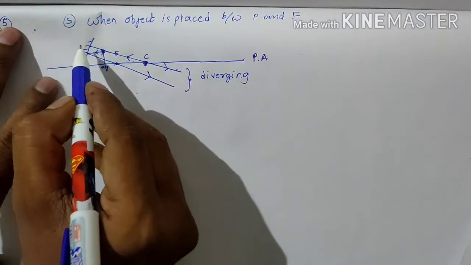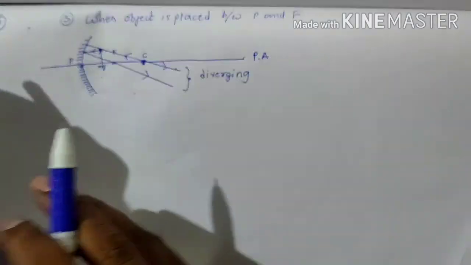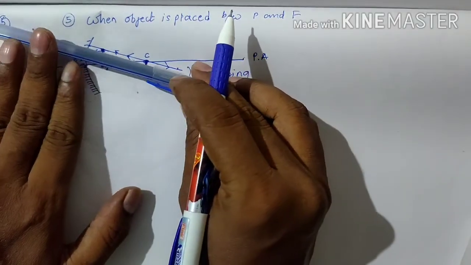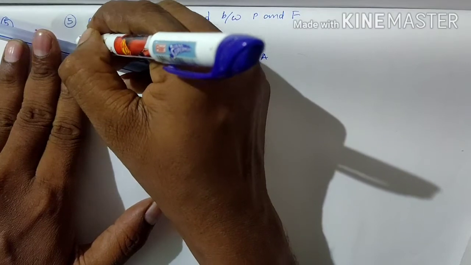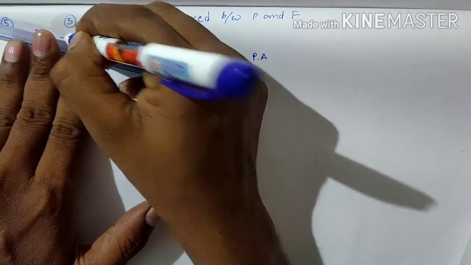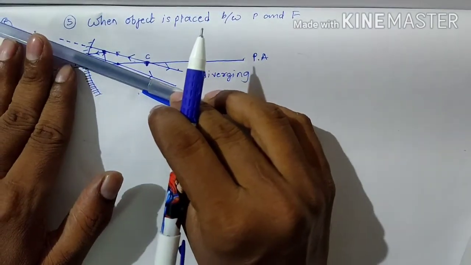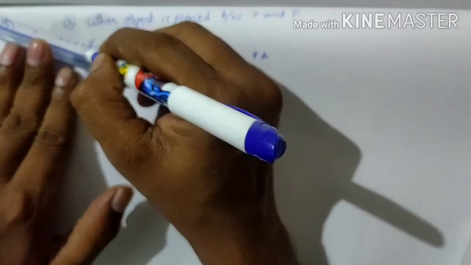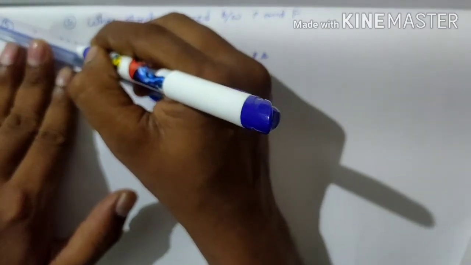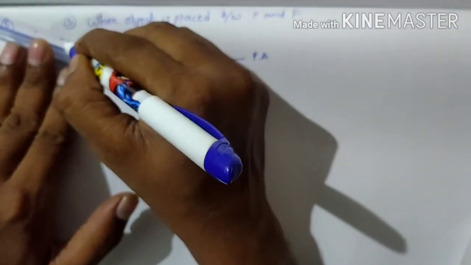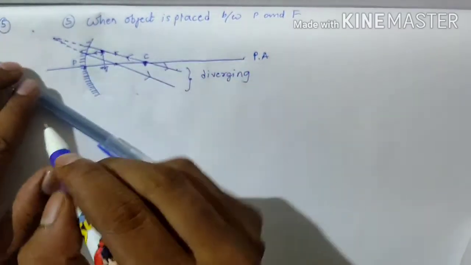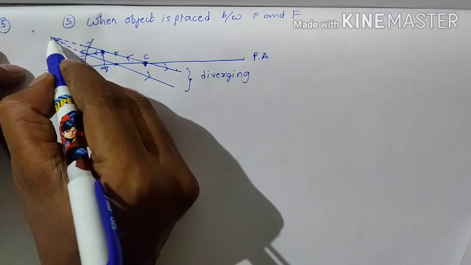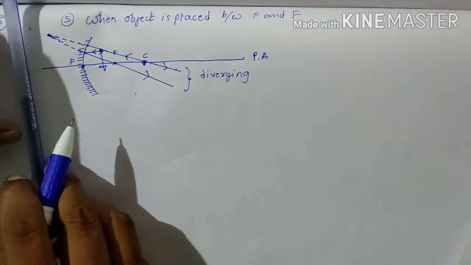So what you need to do is extend these two rays, and extend this one also. When you extend these two rays, they meet at this point.